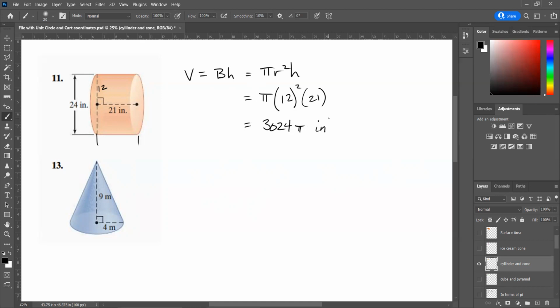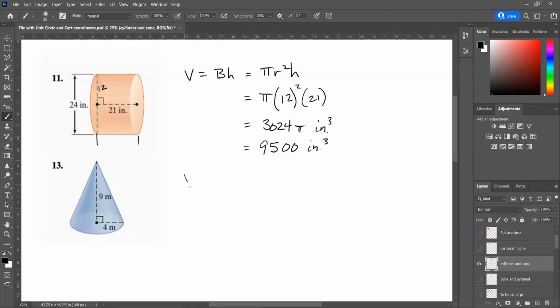So again, in terms of pi, this would be 3024 pi. We multiply those together in our calculator, we get 9,500 cubic inches. That's been rounded a little bit, but you can see how that works.